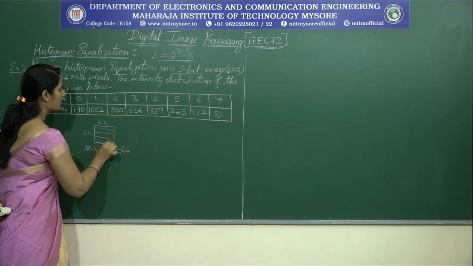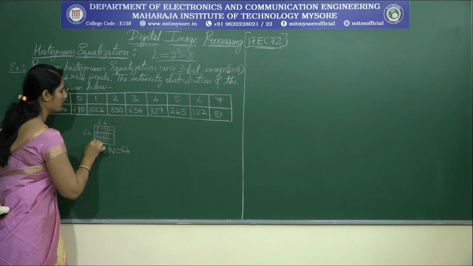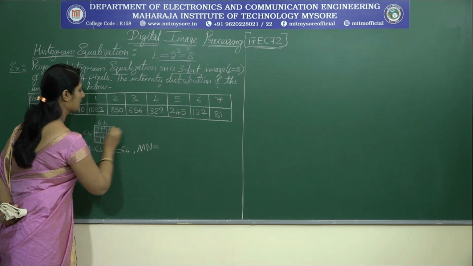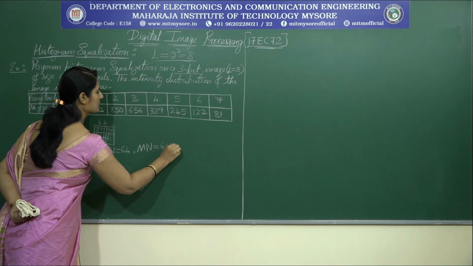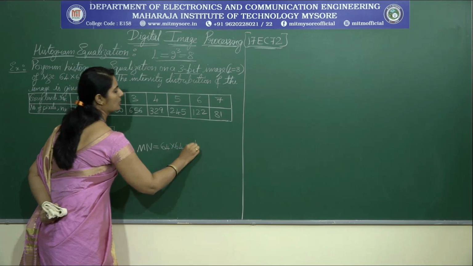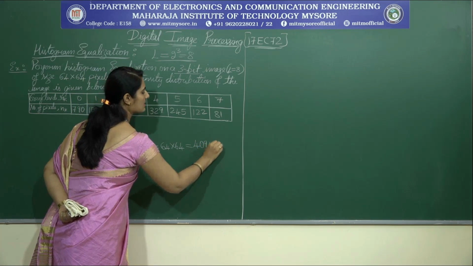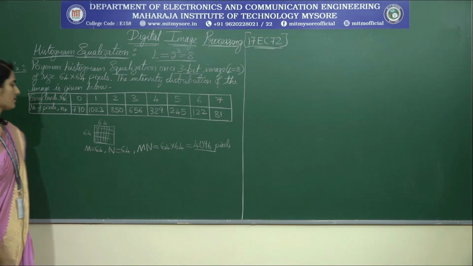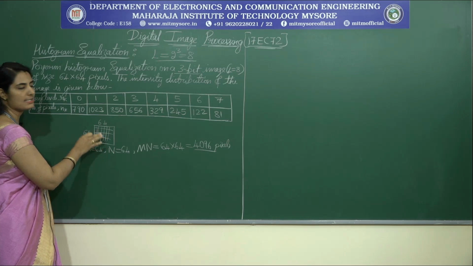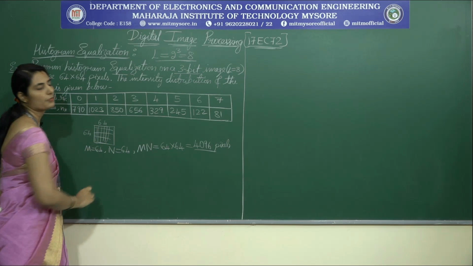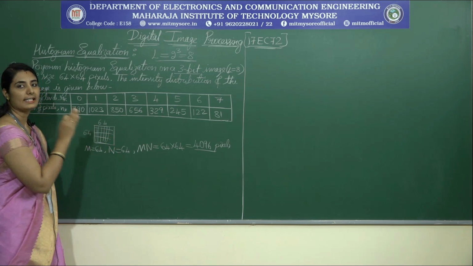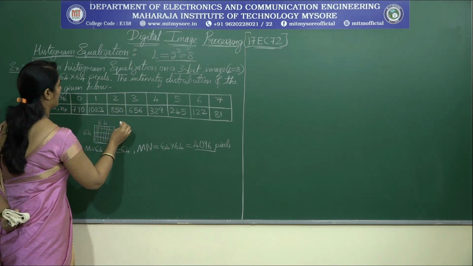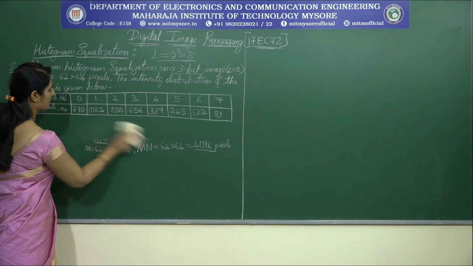Therefore, the total number of pixels in this image, M N, is equal to 64 cross 64, which is equal to 4096 pixels. So the total number of pixels in the given image is 4096, and it has 8 discrete intensity levels.